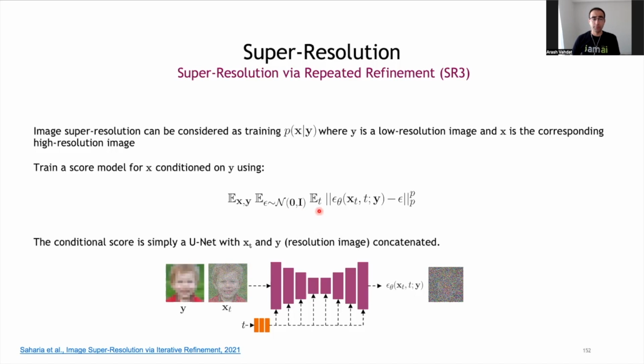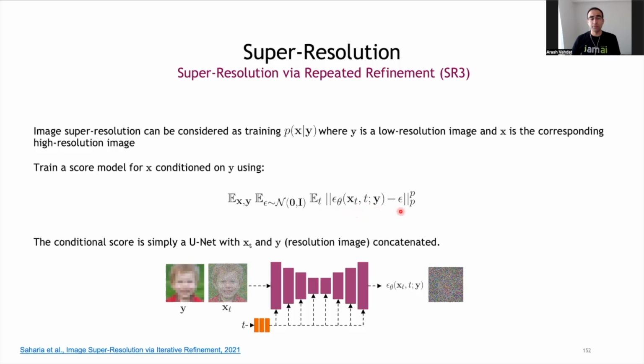And we have expectation over time, where time varies from, for example, 0 to capital T, corresponding to the diffusion process. We have this epsilon theta. This is a noise prediction network that takes the diffused high resolution image, x_t, the time, as well as this y. This is the low resolution image that is provided as conditioning into the epsilon prediction network.